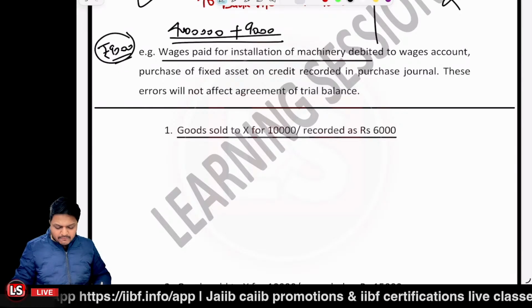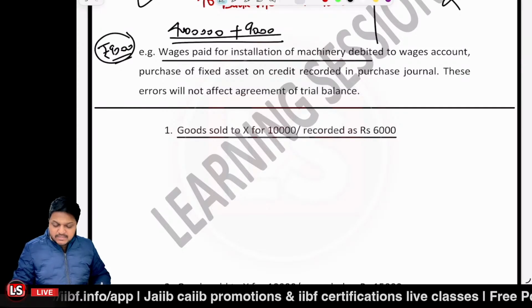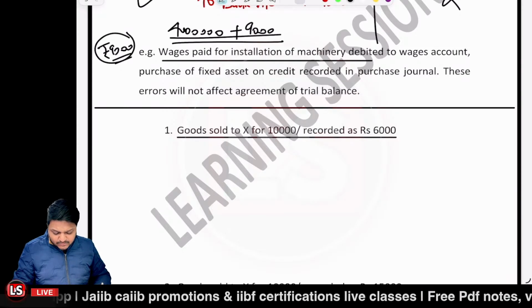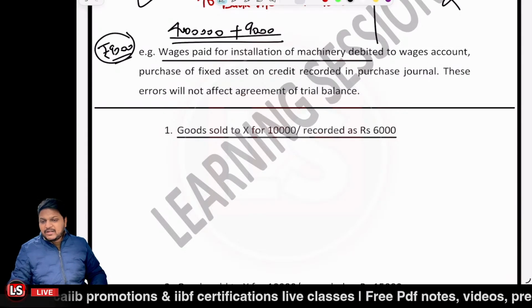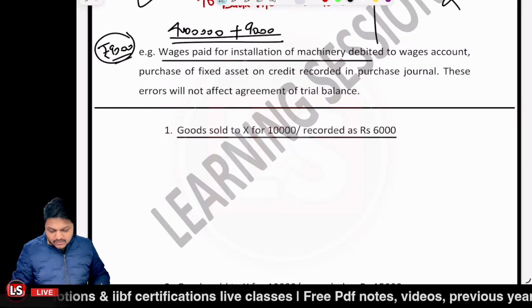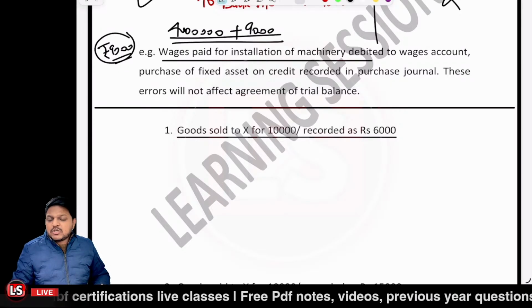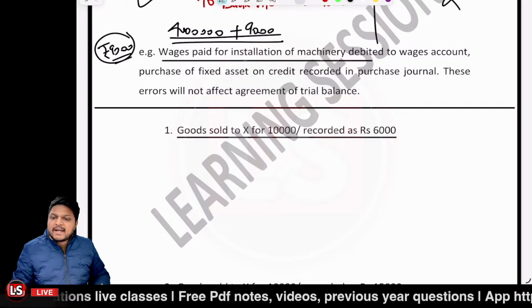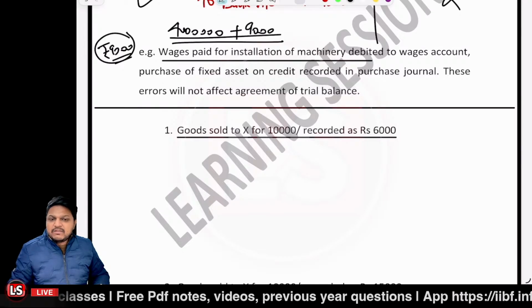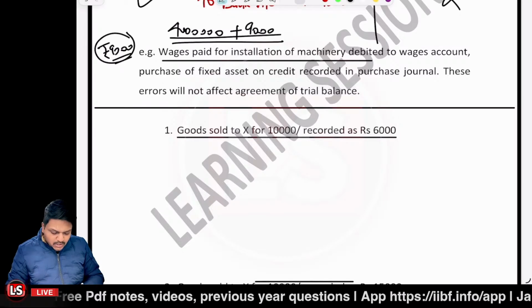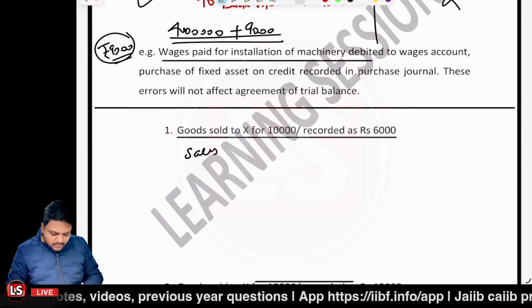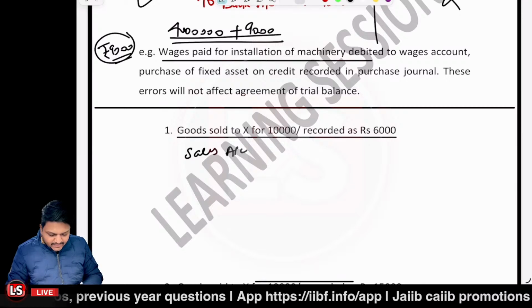Now you have sold the goods to X for rupees 10,000. Whenever the name is mentioned in the entry, it's always a credit that has been given. So for goods sold, two accounts will be involved: sales account and X account.